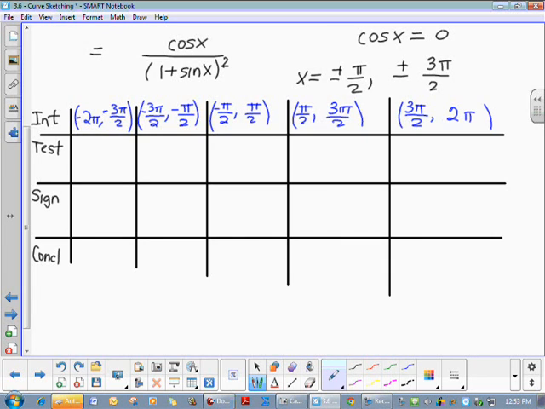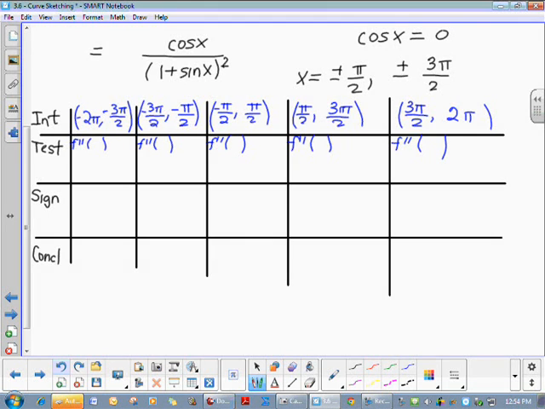Now, I'm going to try to save a little bit more time here if possible, because again, the testing here is very, very similar to things that we've already talked about over and over again. In each of these boxes, you're going to test something in the second derivative, some value that would lie on the interval given. And you will then just determine what the sign of that result would be.